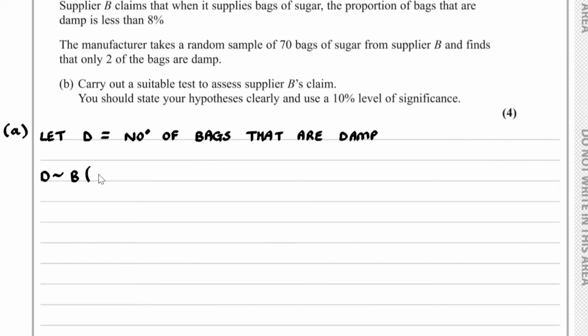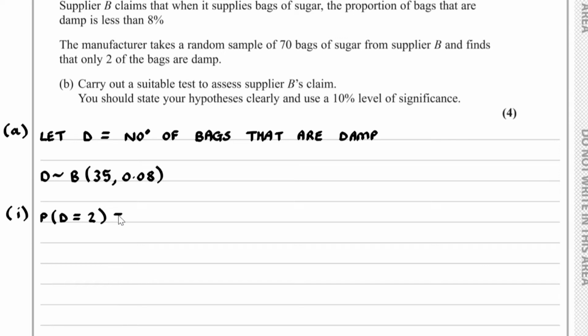So our parameters will be 35 and 0.08. And so for the first part, we have to find the probability that D is equal to 2.